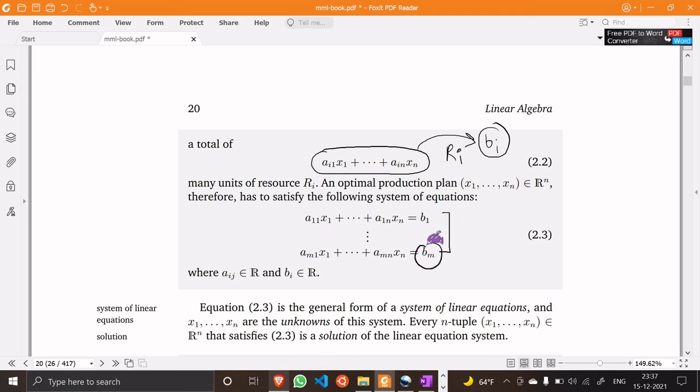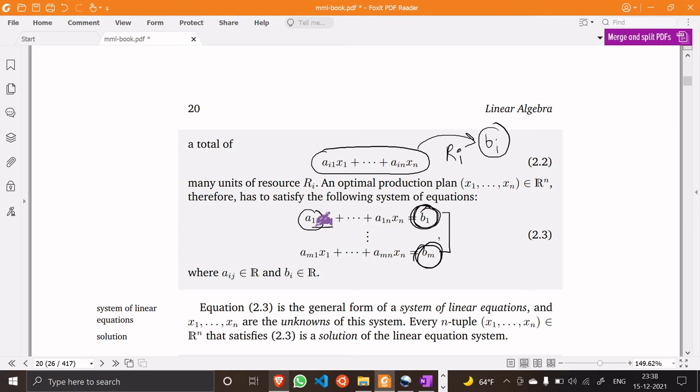So we have m resources and we wrote the utilization of each and every resource in terms of the constraint given, right? So we can take one example to understand this. How many units of r1 were available? It was b1 units. So in order to make n1, we needed a11 units of r1.